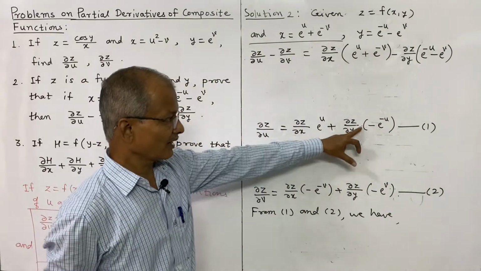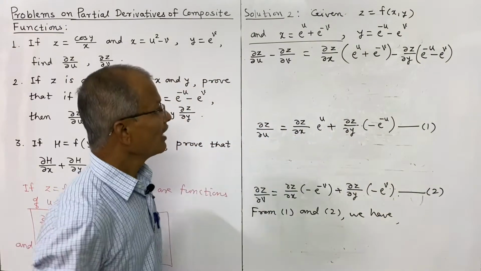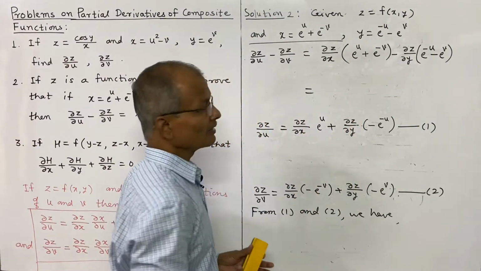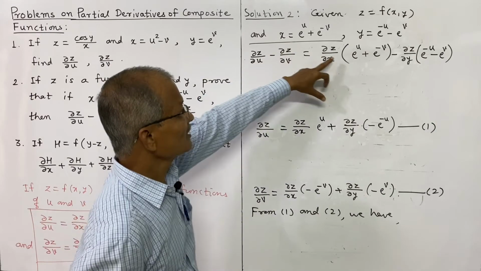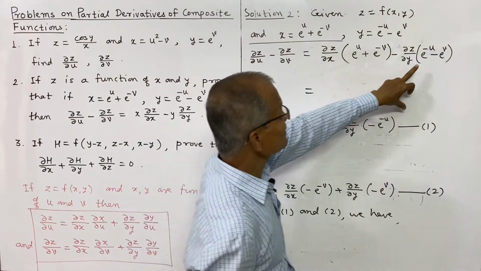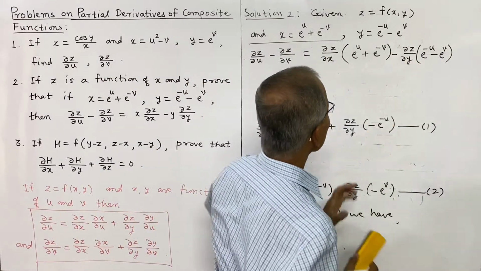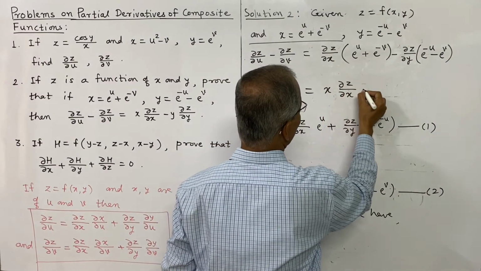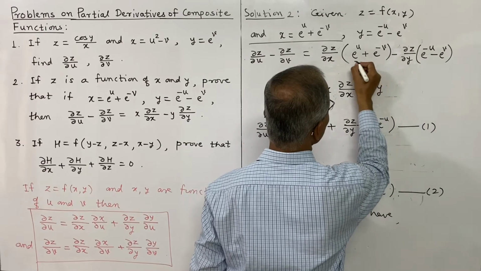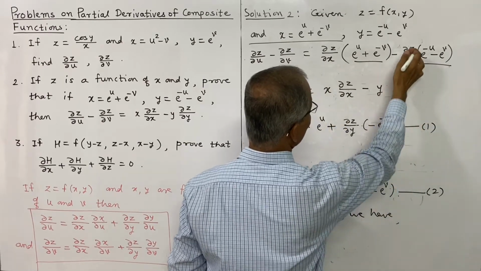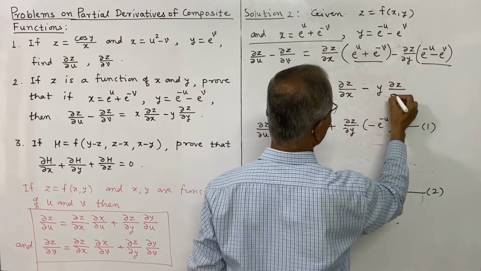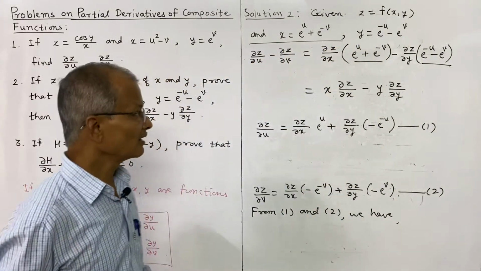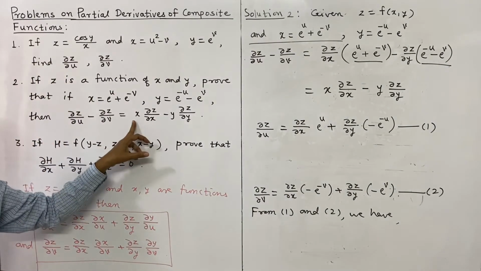See, after taking common we have subtracted, but you see, what is this bracket? This is exactly x. And what about this bracket? This is exactly y. So therefore this is equal to x ∂z/∂x minus y ∂z/∂y, using the given functions values, and this is the result we want to prove.